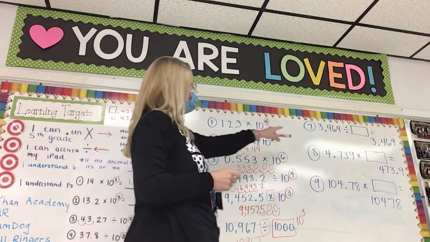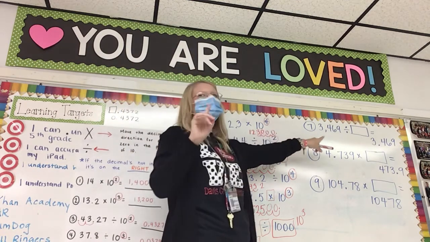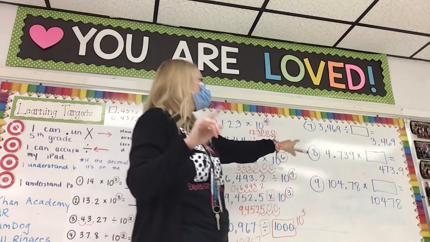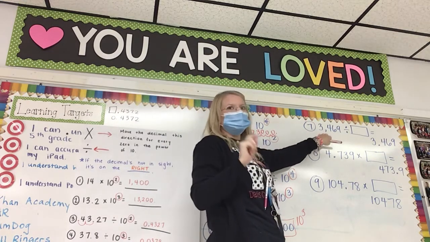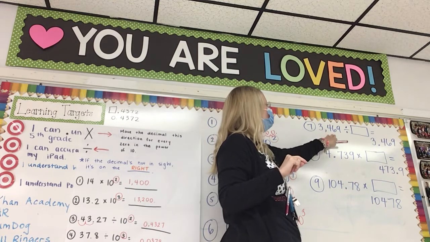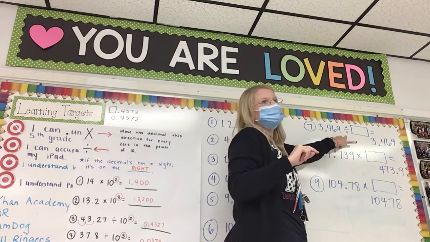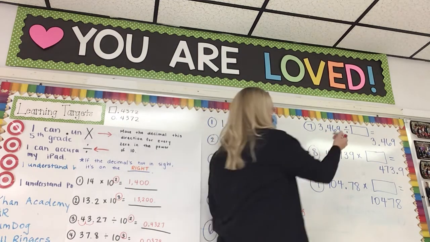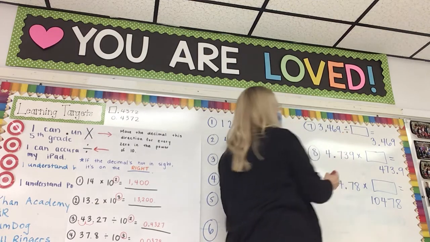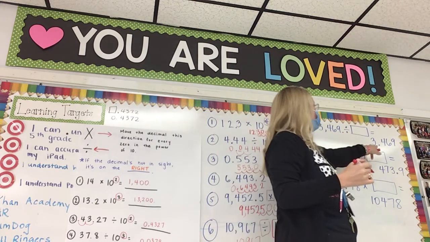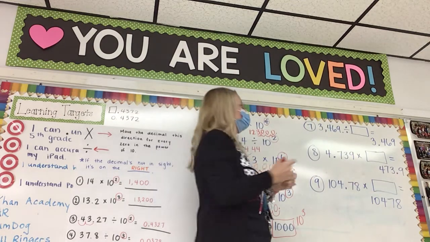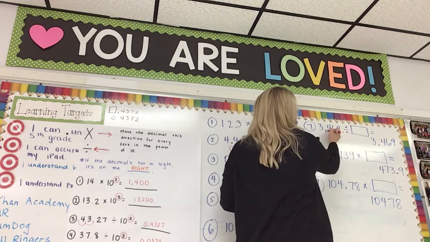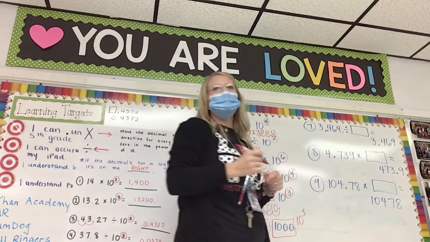Okay, we're moving over here this time. This is where things get a little bit tricky. It did for us yesterday. So, I'm given a number, 3,469. I know I'm dividing. I know that my decimal point was right here. But then, as my answer, it moved over to the left. So I see that it moved over here. How many times did it move?